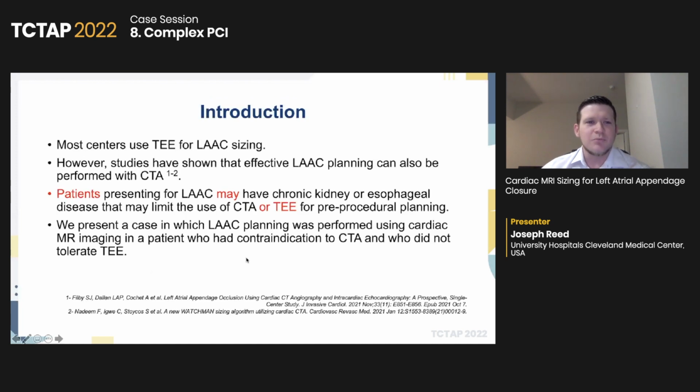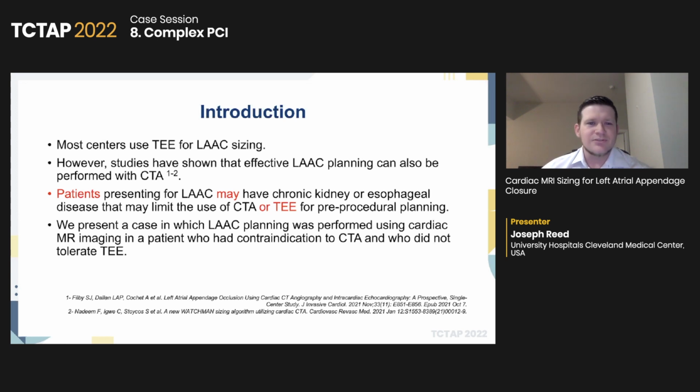And to introduce the topic, most centers use transesophageal echo for left atrial appendage closure pre-planning and sizing under current recommendations. However, studies have shown that effective left atrial appendage closure planning can also be performed with CTA. At University Hospitals, we are a CTA first institution.